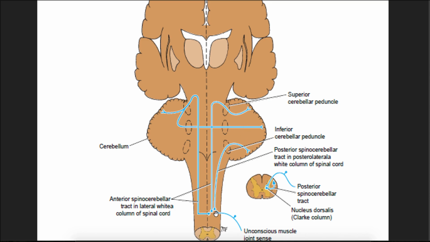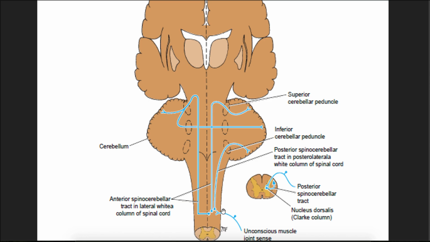So, although it crosses in the medulla to the opposite side, it ends up being ipsilateral. And the same way, I think they've shown cuneo-cerebellar as well, if I'm not mistaken. No, these are just two that they've shown here.